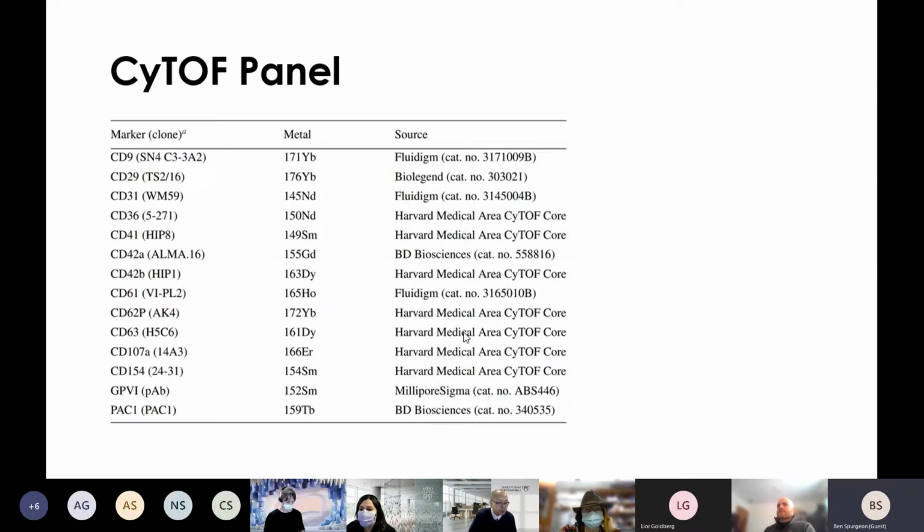It's a 14 marker panel shown in this table. Many of these antibodies are commercially available. Some were obtained from the local CyTOF core, while others, such as GP6 and PAC1, were labeled in-house using the MaxPar labeling kits.